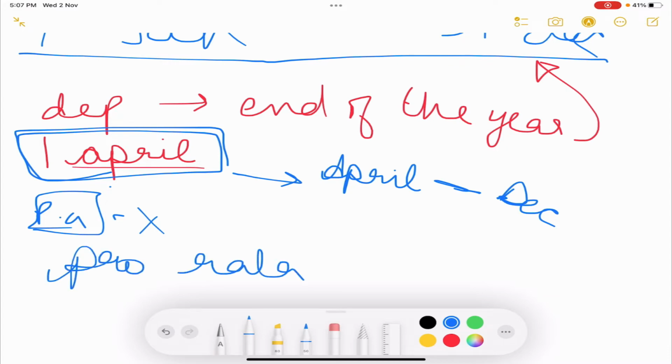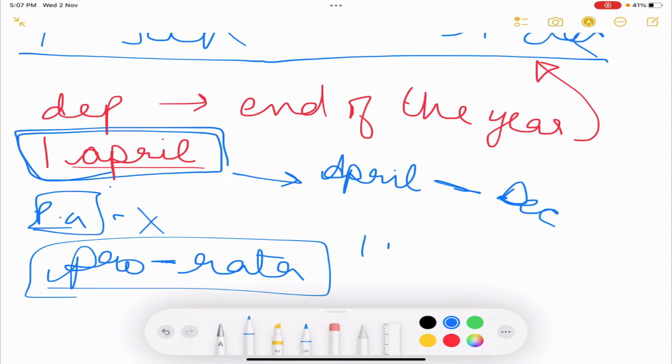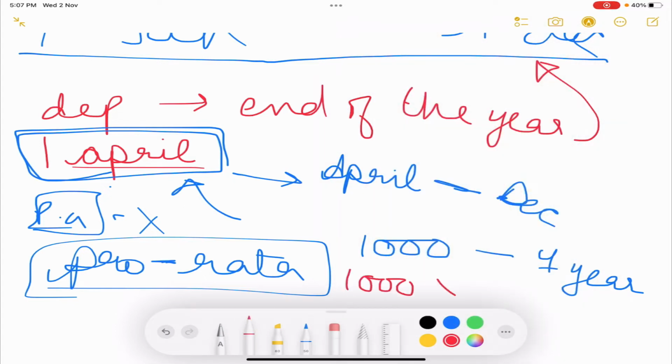And you will find out only for the number of months, right? So let's say the depreciation for 1 year is 1000 rupees, and if I got it in April, then for how many months am I using it? April, May, June, July, August, September, October, November and December, for 9 months only. So then how will I find it? 1000 for 1 year multiplied by 9 upon 12.